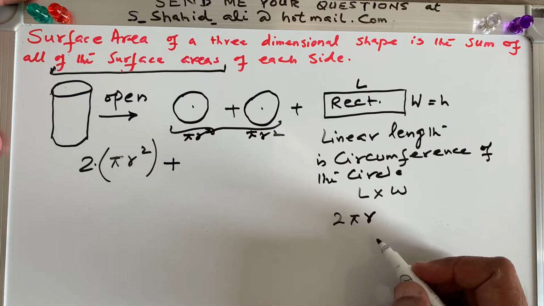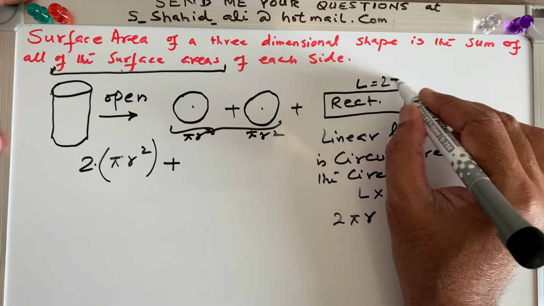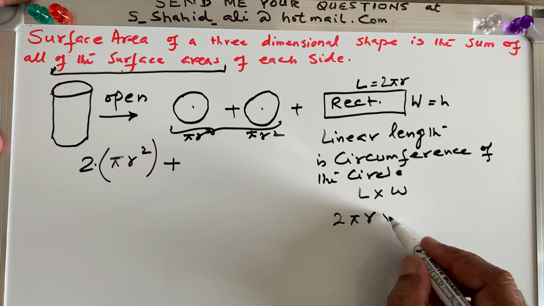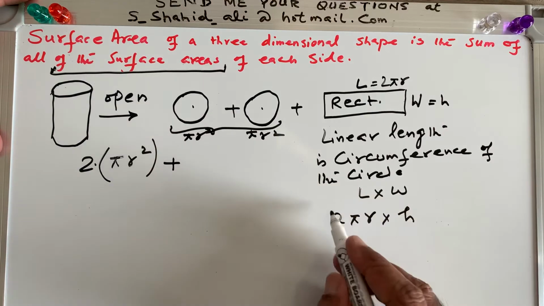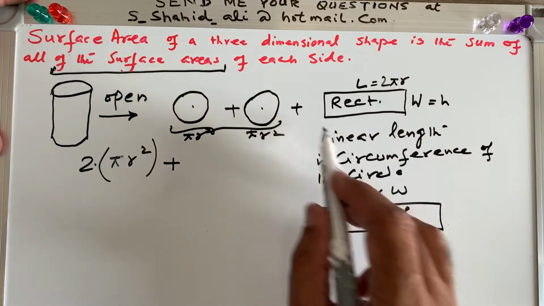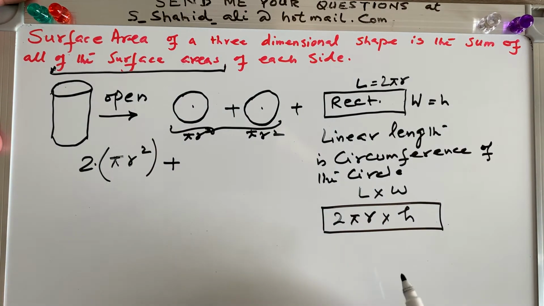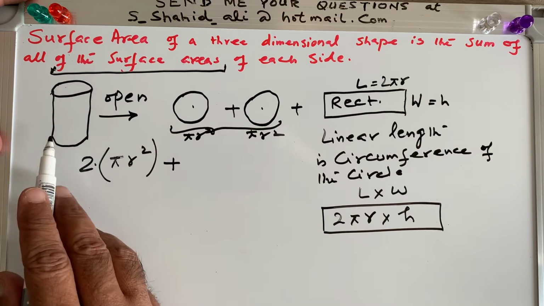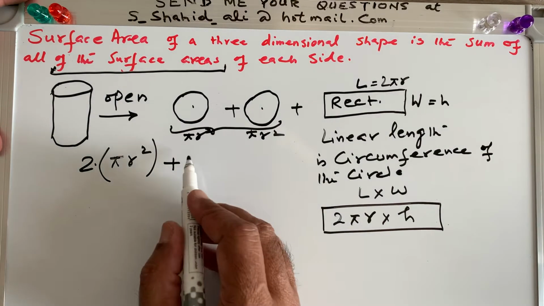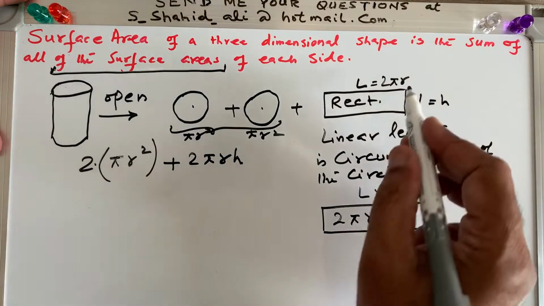So that is my length, which is 2 pi r, times width. Width is my height. So 2 pi r times h is the area of this rectangle, which I got from opening up a circular cylinder. So we have here 2 pi r h for the rectangle.